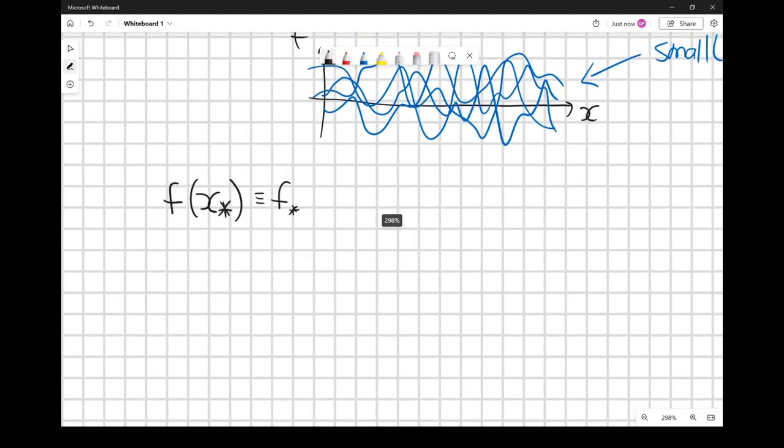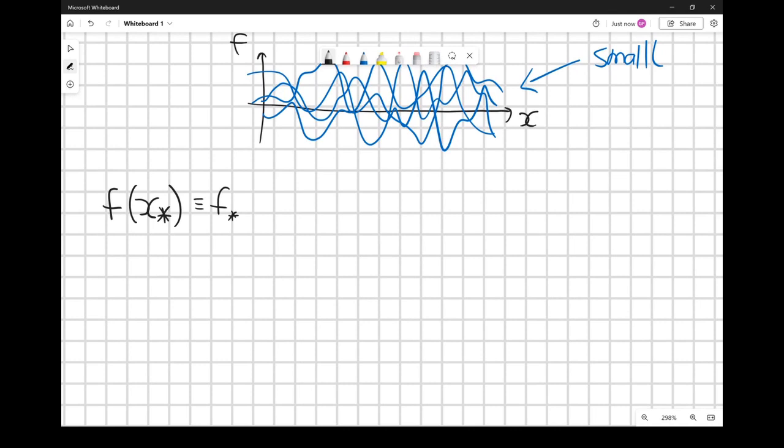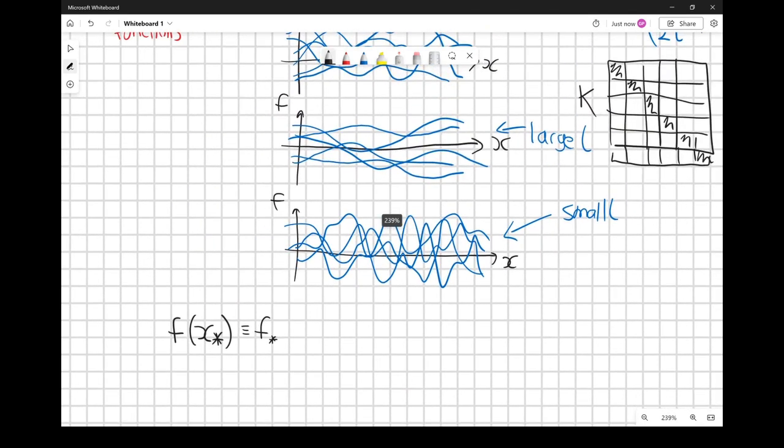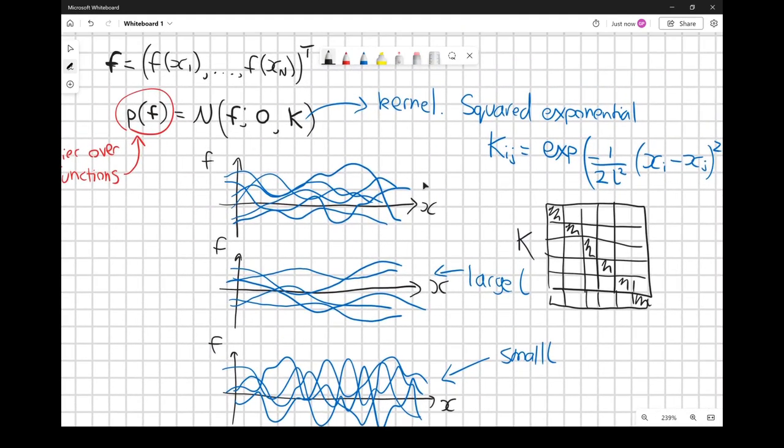The first thing to note is that we can still specify a prior over what our function values could take over x star. Because if we go back up to here, by defining this kernel, we've essentially described the rules that we can use to construct a prior over any values of x.